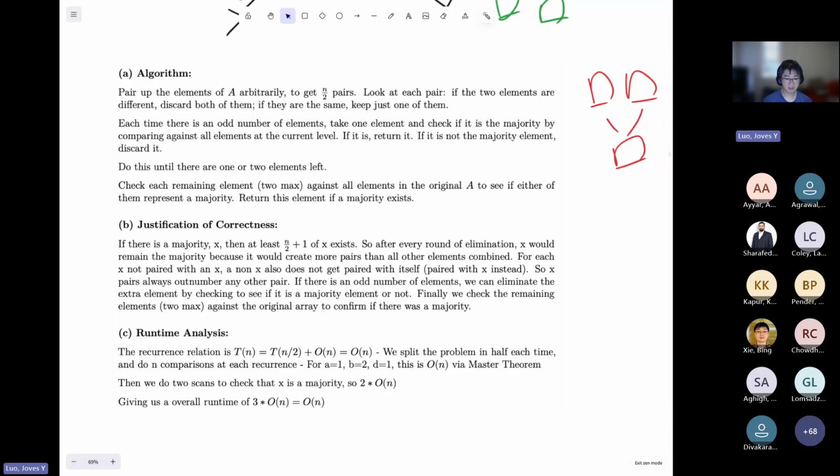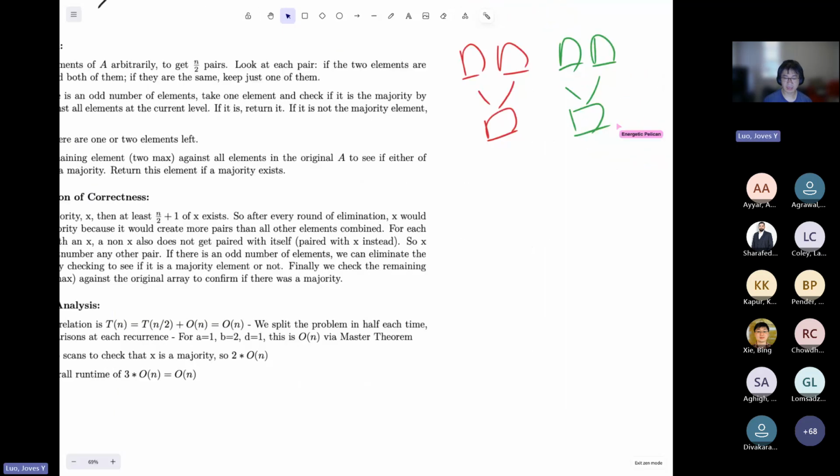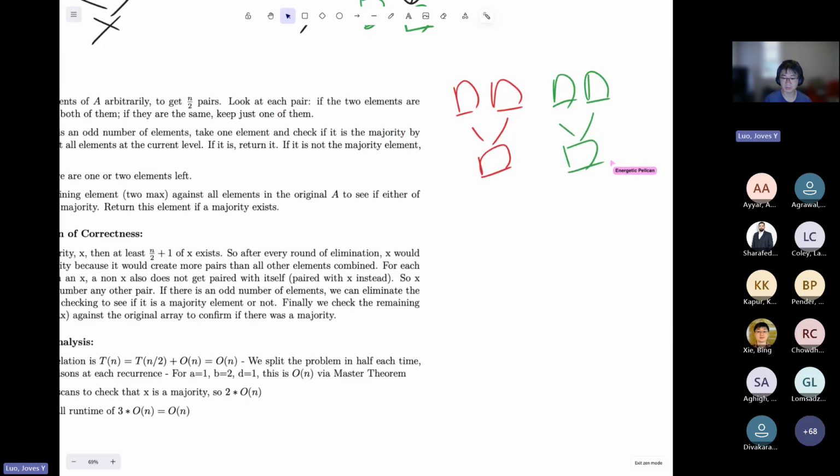I potentially don't have a majority at all, right? My red has combined to equal 1 share. My green has combined to equal 1 share, and green and red are neither of them a majority. So I always have to check to confirm, okay?